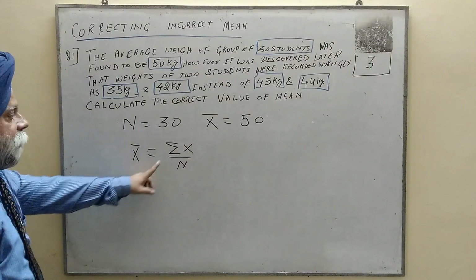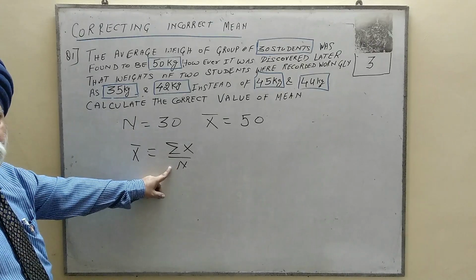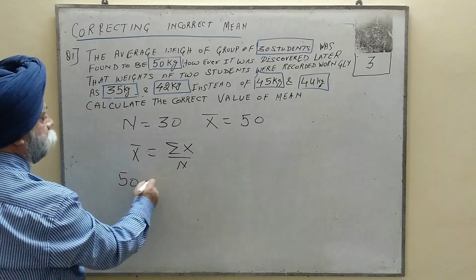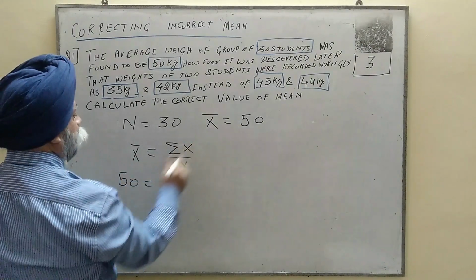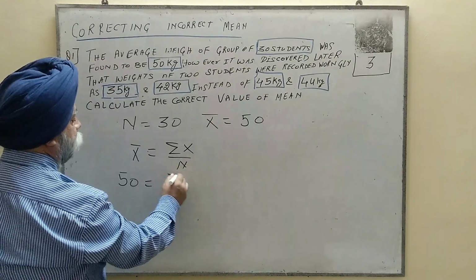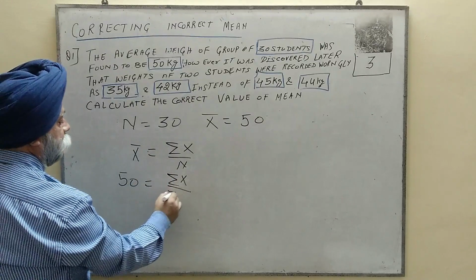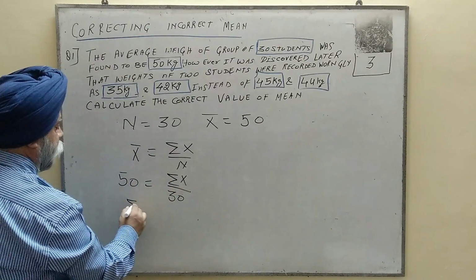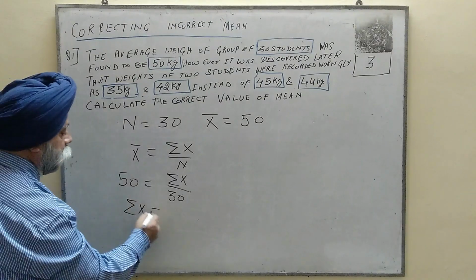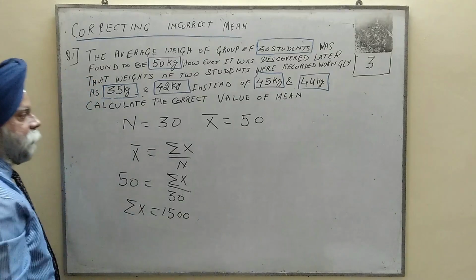The formula has already been told to you: sum of all observations divided by the total number of observations. x bar is 50, n is 30, and you have to find the value of sigma x. So sigma x, that is summation of x, is 5 into 3, 15, 1500.